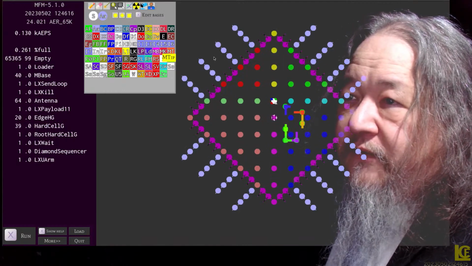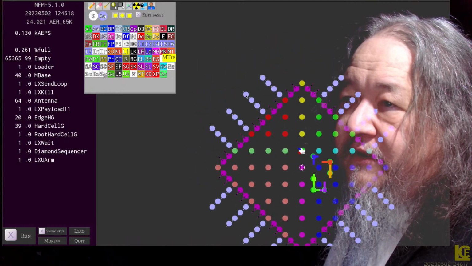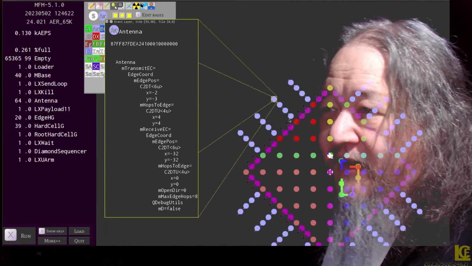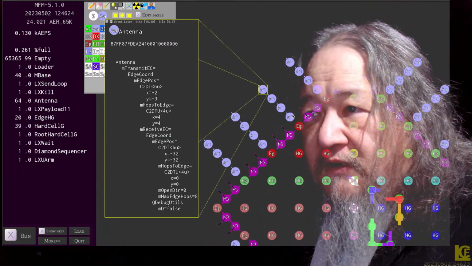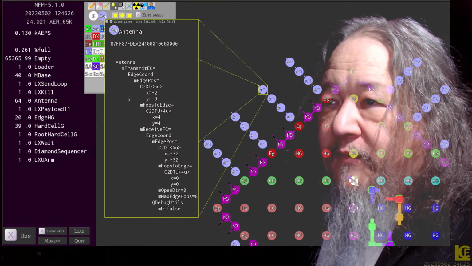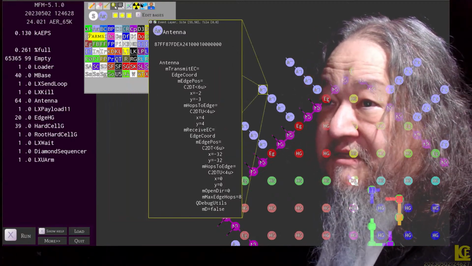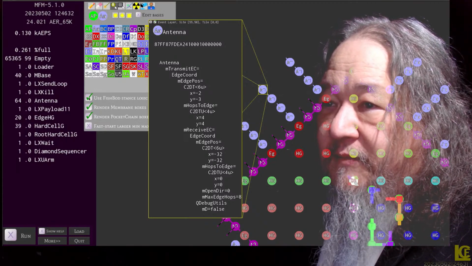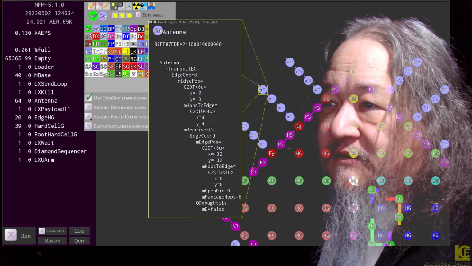So yeah, these are the antennas, and right now they're set to grow out to length 4, but that's just easy to change, and the changing actually works. Let's get rid of this stuff.